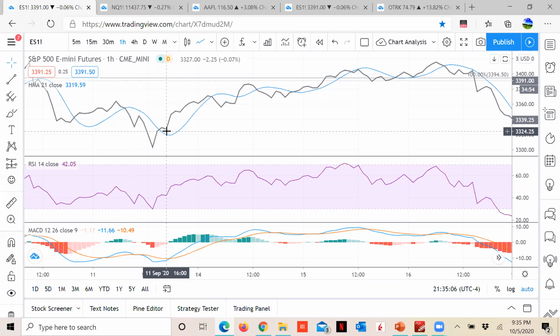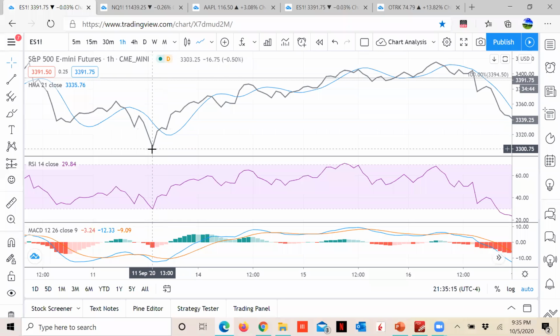The left shoulder, the right shoulder is what? 3327, right? So if you subtract the head, 3303.25, from this shoulder value here, 3327, how much is that? Roughly 24, right?